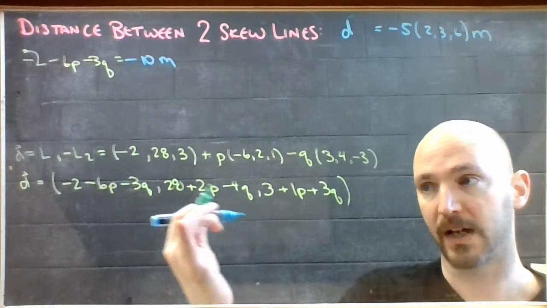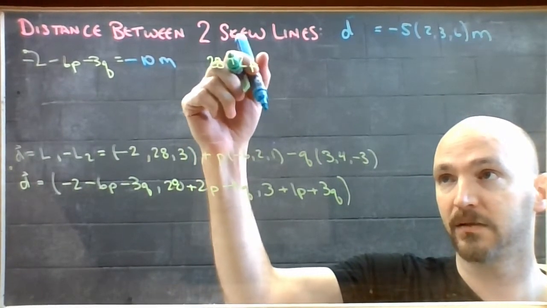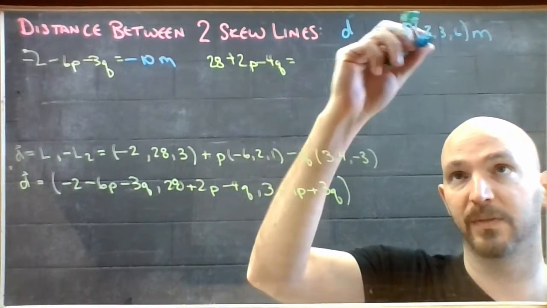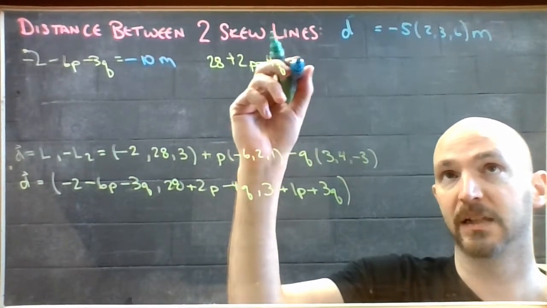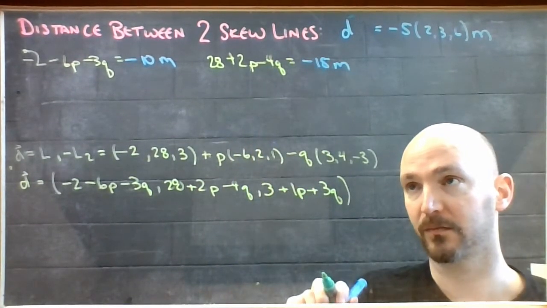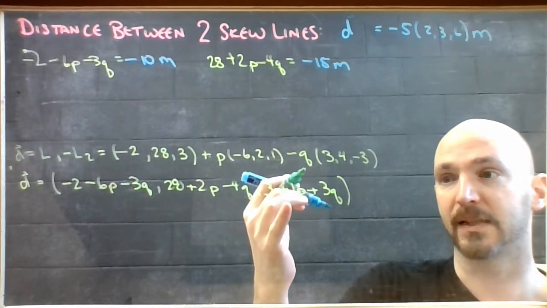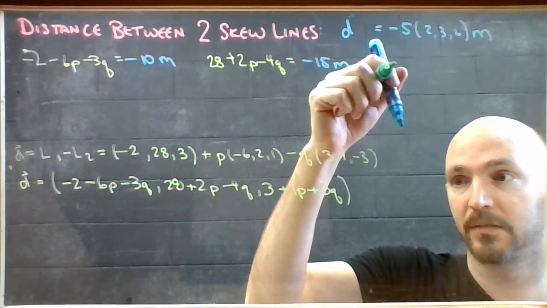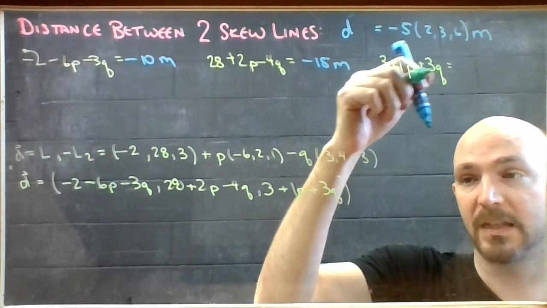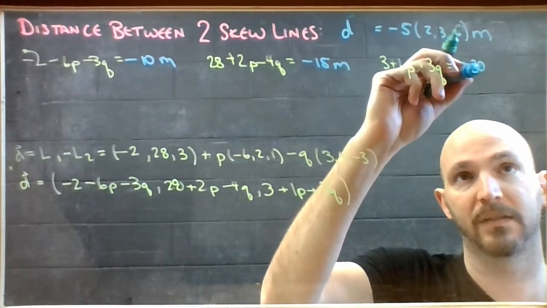If I equate the y's, then 28 plus 2p minus 4q's has to be equal to -5 times 3 is -15 m's. And if I equate the z's, 3 plus 1p plus 3q has to equal -5 times 6 is -30 m's.